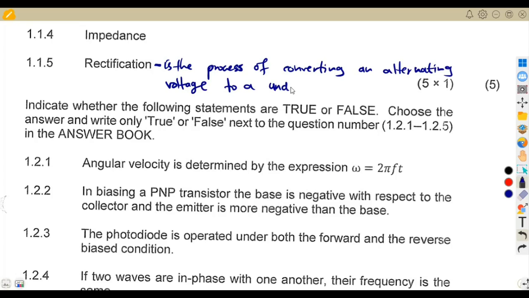So we start with AC, then we end up with DC. That is the concept of rectification.